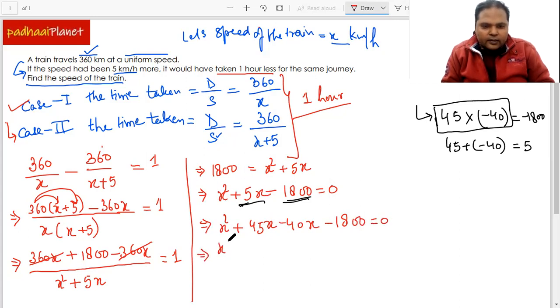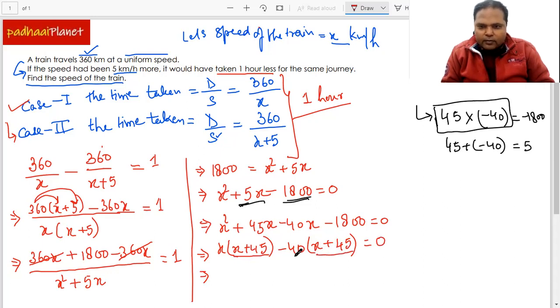Now we take x as common and we get x plus 45, and minus 40 is also taken common and we get x plus 45, and all of it is again equal to 0. So further, we take x plus 45 as common.